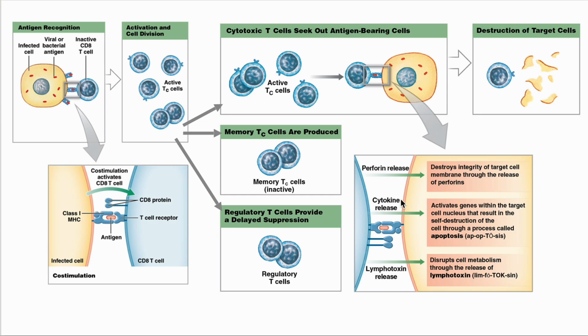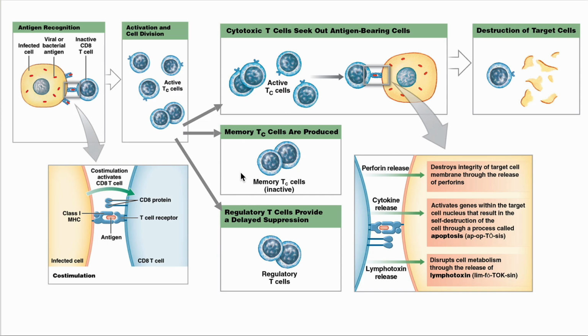It can use cytokines, which is a chemical signal that causes the target cell to undergo apoptosis, which means it kills itself. Or it can use a lymphotoxin release, and lymphotoxin disrupts cell metabolism. So basically it throws off the pathogen cell. It's not able to do what it needs to do to produce ATP and other important enzymes. And so the target cell dies as a result. So that's the cytotoxic T cell.